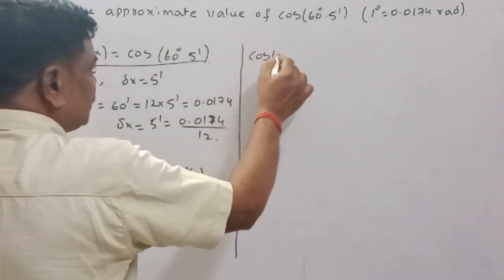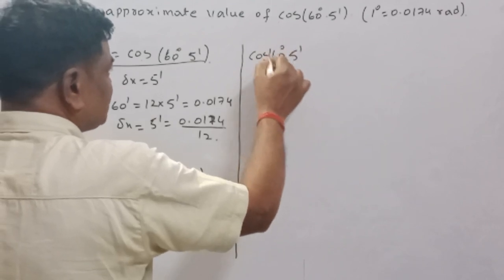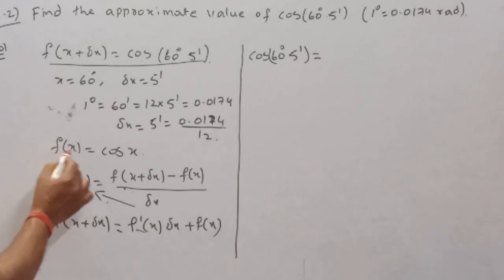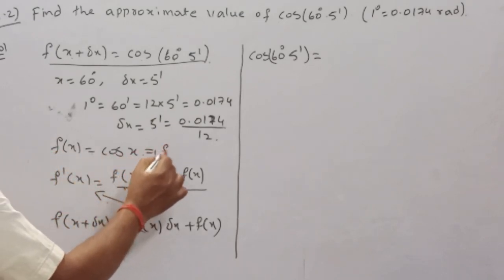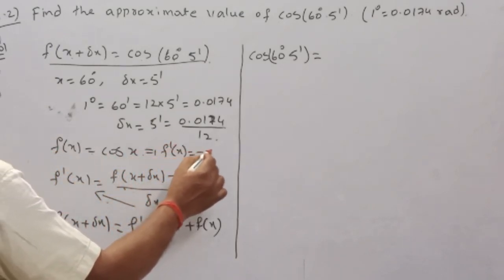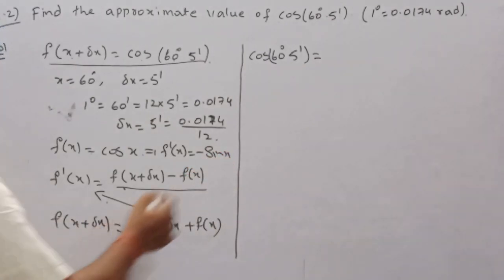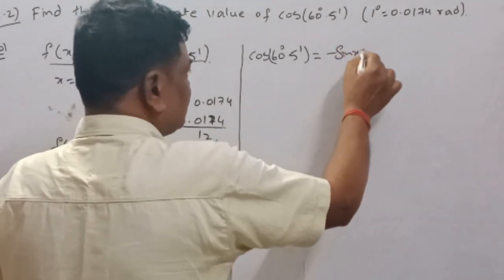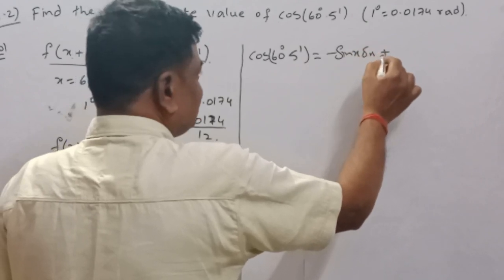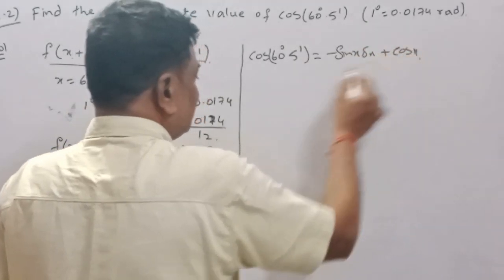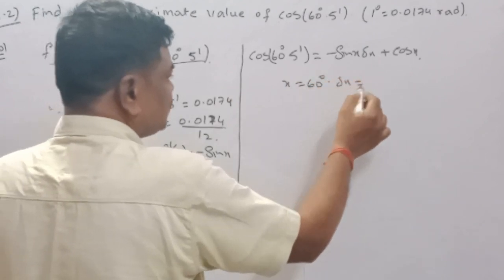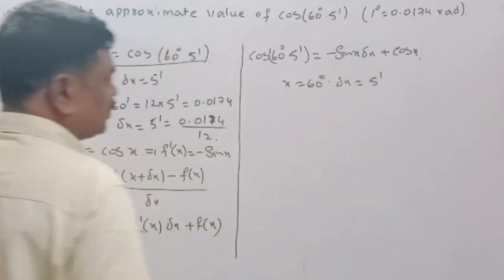Cos 60 degrees 5 minutes is equal to f dash of x delta x plus f of x. Here f of x is cos x, and f dash of x is minus sin x. So this is minus sin x into delta x plus cos x, where x is 60 degrees and delta x is 5 minutes.